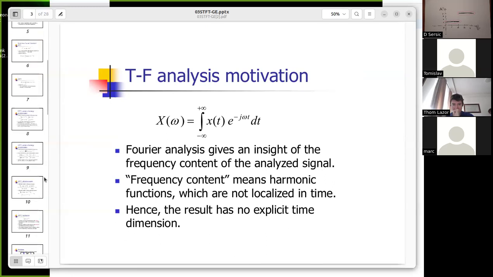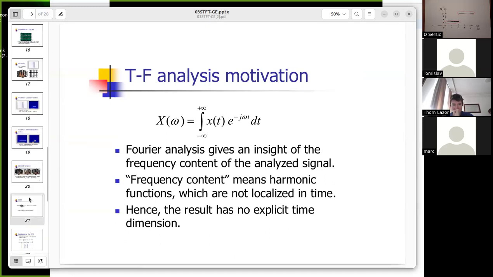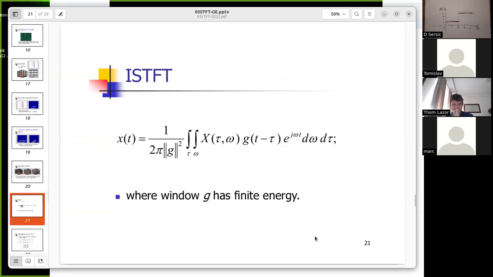So let's go to slide 21. Here we have a result that is actually in the plane. It has two dimensions, time shift tau and frequency omega. In our result, we don't want to have them both.